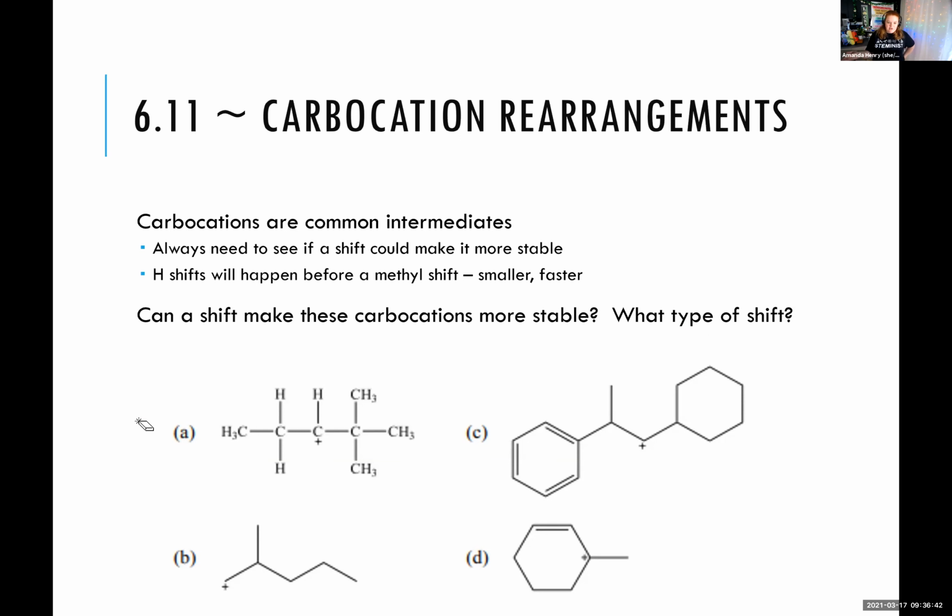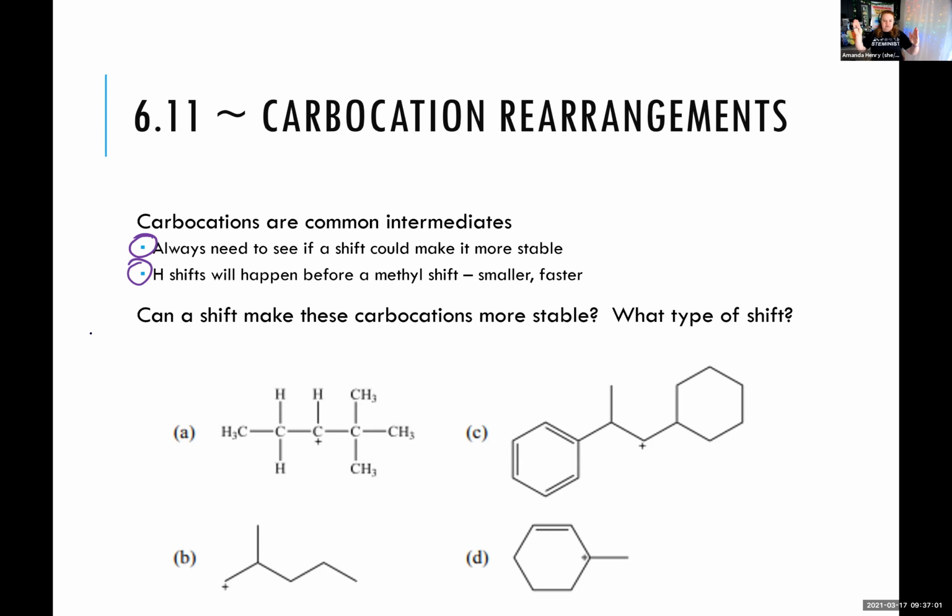Will a carbocation go through a rearrangement? It will only happen if the rearrangement is going to make it more stable. A hydrogen shift is going to happen before a methyl shift will happen.